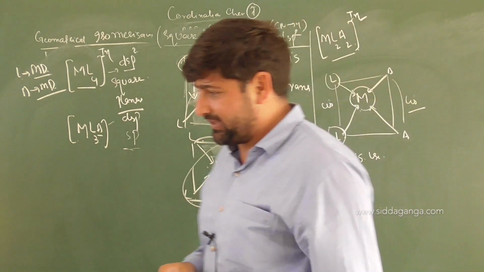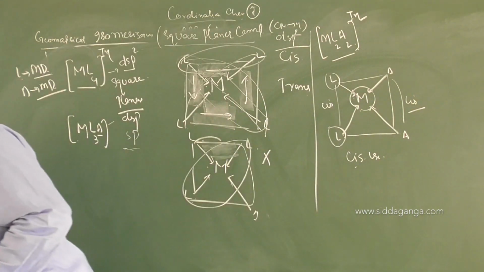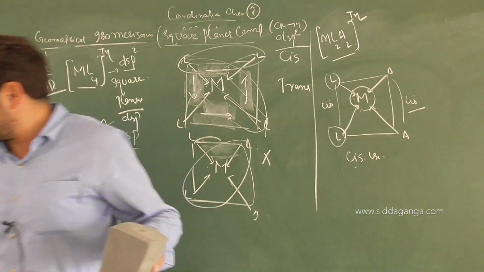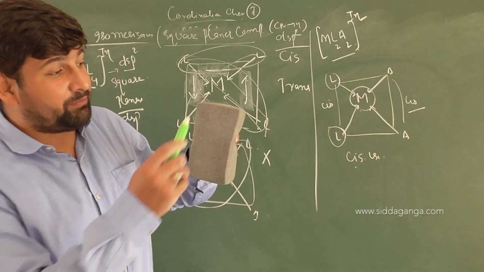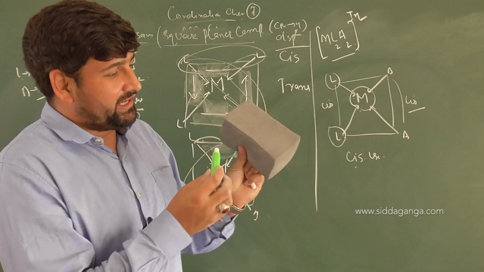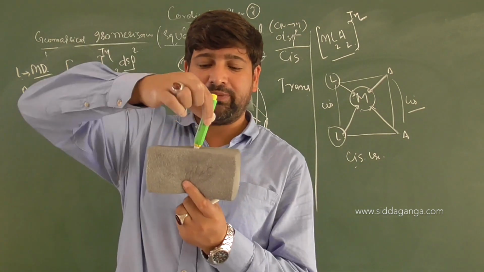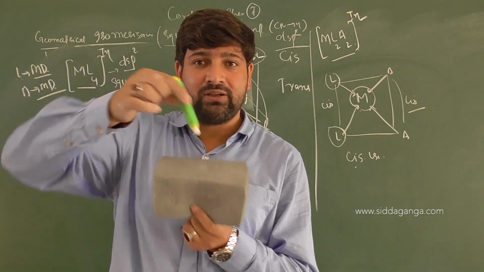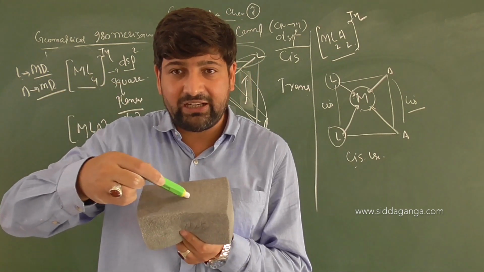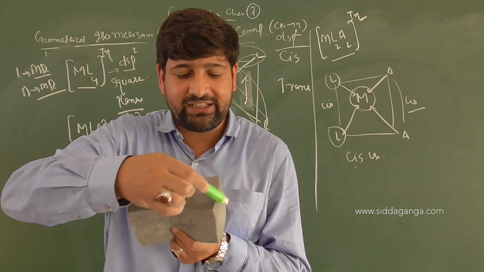So when you say square planar, children, what will square planar mean? Look at this, just this is square planar. At the base it is square planar, right? So here, if I make it like this, okay, so this is square planar geometry. In the middle, metal atom is there. I'll turn it this way. This is metal atom, right? So here ligand, same side or not?